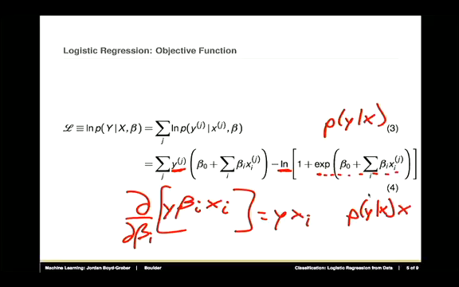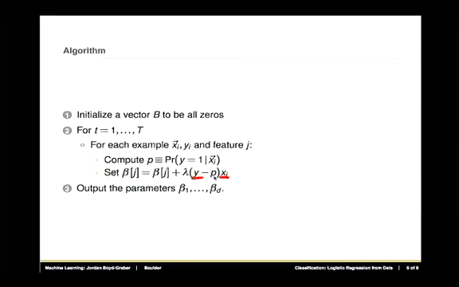And so that's the other part. So when you take the derivative of this thing, d beta, you get something that looks like this, and then when you plug that into your update equation, you then get probability of y given x times x.